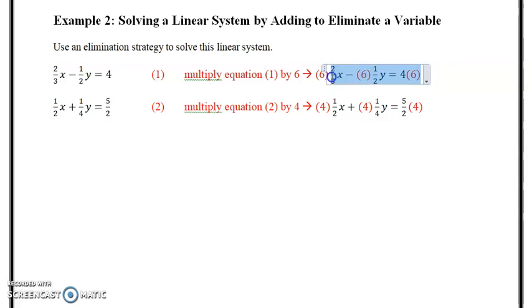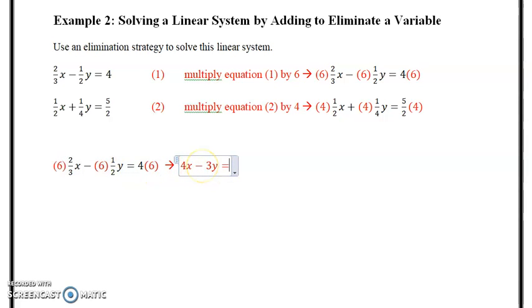Alright, so let's clean this up. We'll take equation 1 down and clean it up a bit. We're multiplying this by 2. 6 times 2 is 12, divided by 3 is 4x. Subtract, because we have the subtraction sign, and then 6 times 1 is 6, divided by 2 is 3, so we end up with 3y, and 4 times 6 is 24.